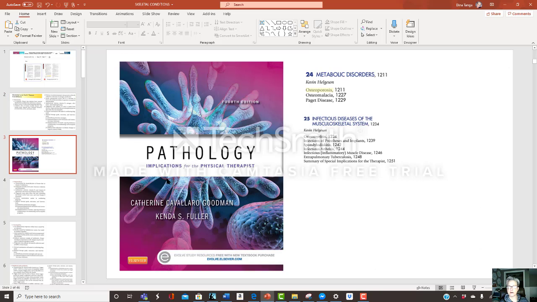So again, this is the book. I'm going to be doing a video just on studying each one of these diagnoses. You see metabolic disorders, they're categorized by types of pathology. Metabolic disorders such as osteoporosis, osteomalacia, and Paget's disease. And then in chapter 25, you have infectious disease of the musculoskeletal system such as osteomyelitis.